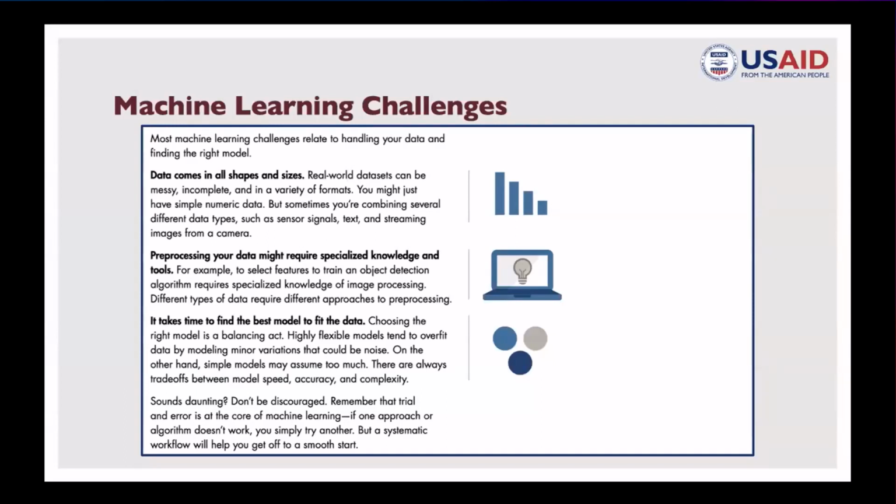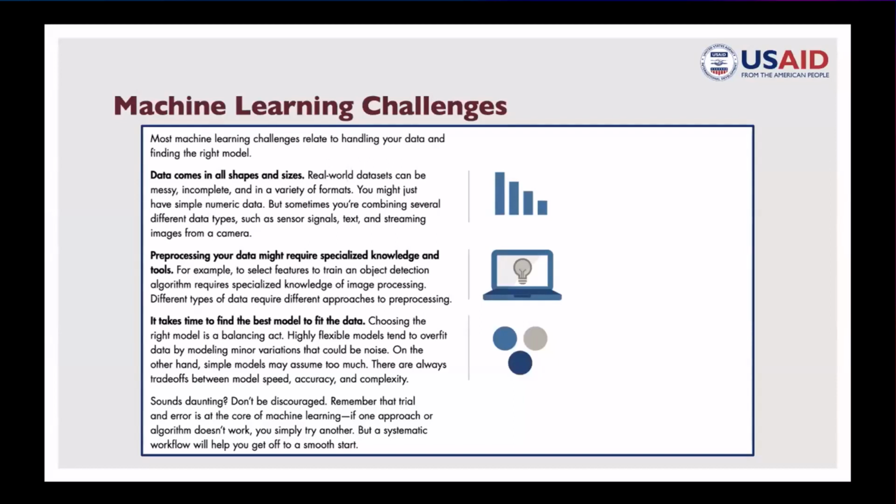Second, pre-processing your data might require specialized knowledge and tools. Again, we cannot directly feed the raw data to our model. We have to perform pre-processing to check if there are outliers, if there are missing data points, etc.